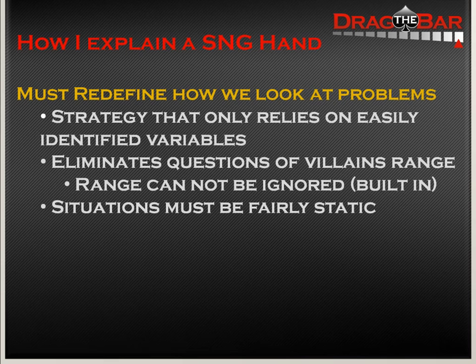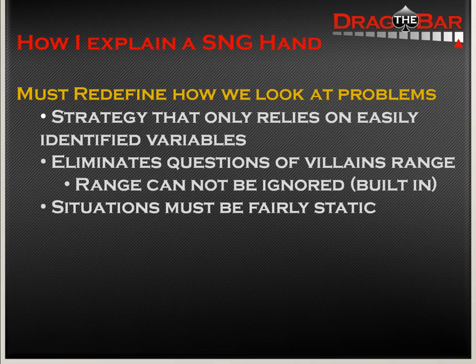So just by looking at things like position, our effective stacks and the number of blinds that we have in our stack, we want a strategy that relies on those kinds of concrete variables.